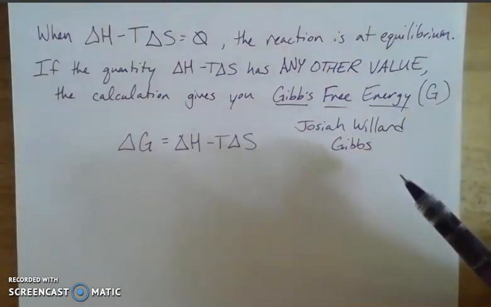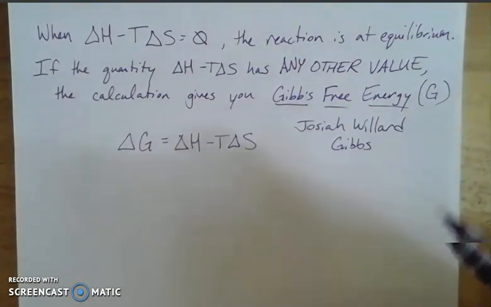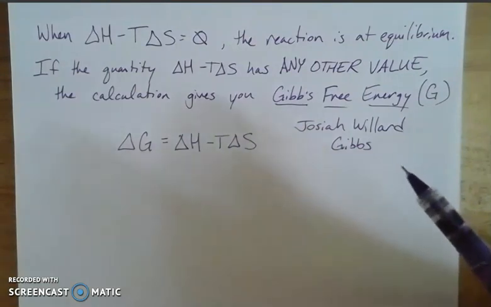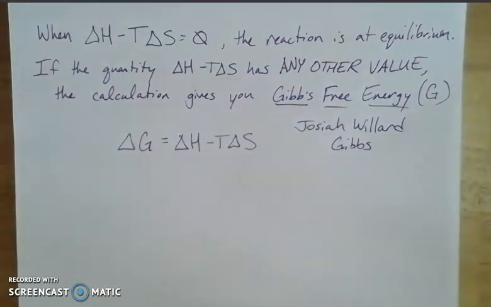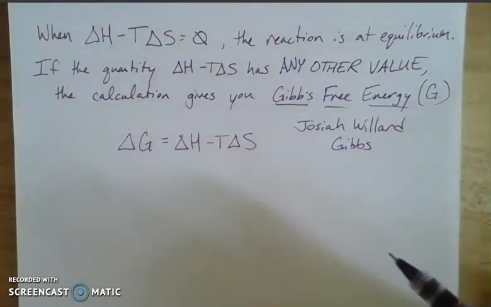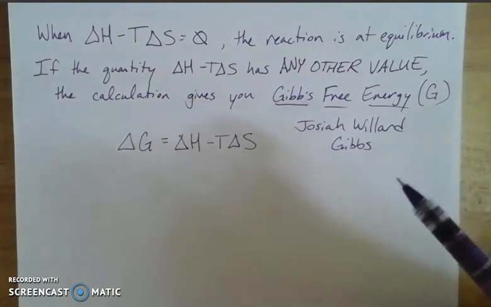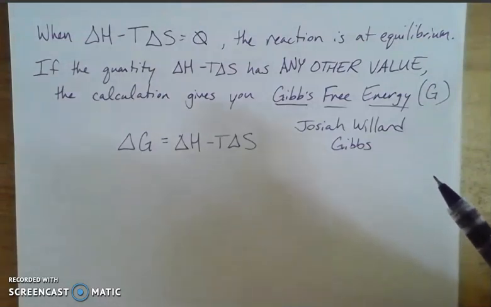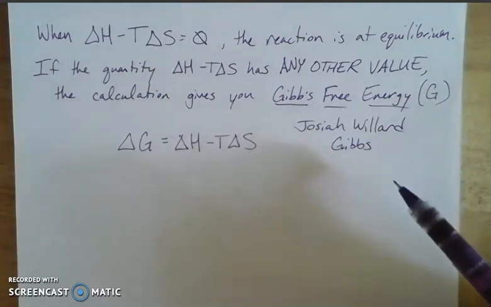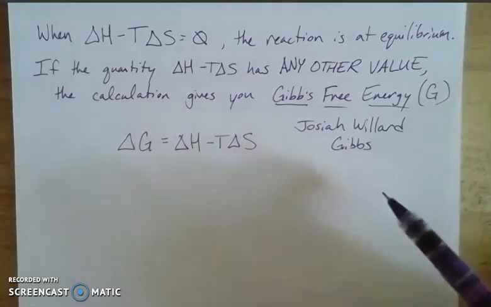So Gibbs is a really important American chemist. We have a few of them. He was around in the 1800s and into the early 1900s, and he was well respected in his field. He has a number of different models for looking at thermodynamics and physical chemistry, and because physical chemistry borders the physics realm, he's very common in physics type problems as well, and mathematical models.